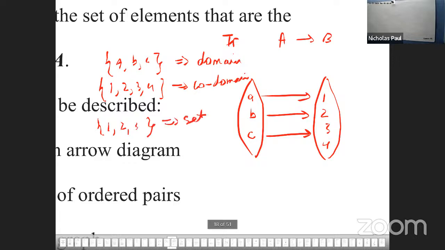So it's important to understand the difference between domain, codomain, and range. Is the codomain the same as the range in our example? No.